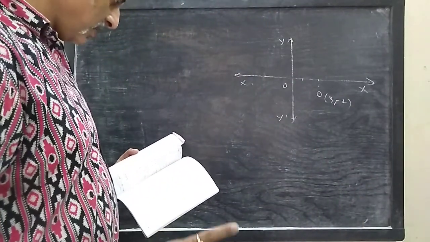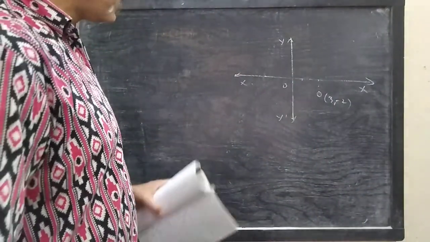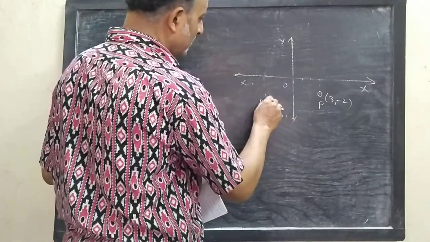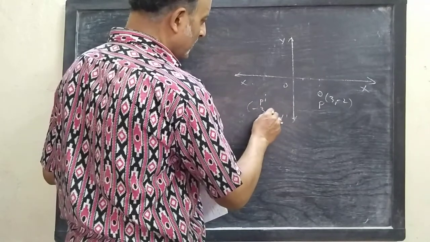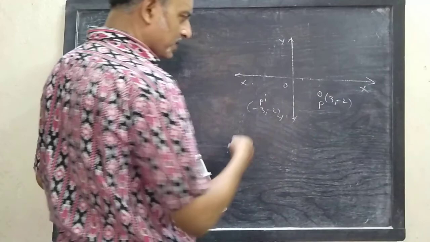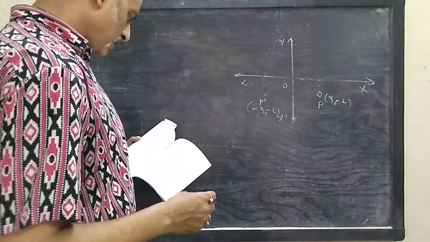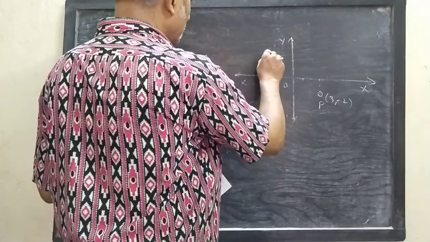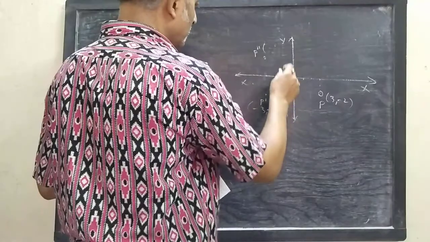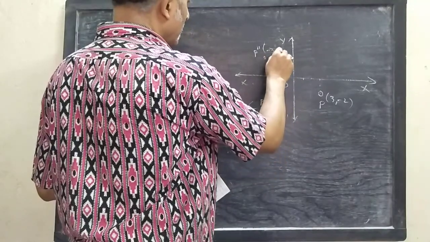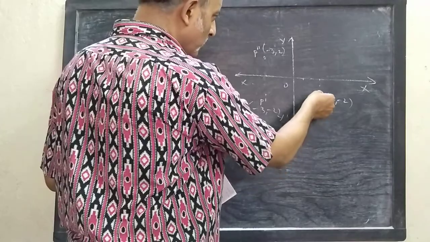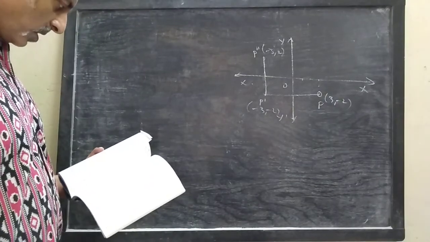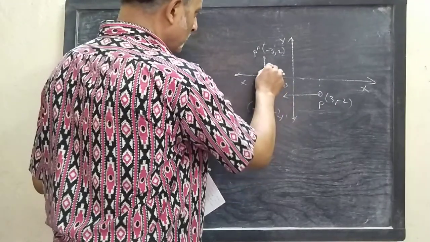At this point, first it will be reflected in the y-axis. So you get this point. If this point is P, let this point be P dash. This will be (minus 3, minus 2). Ordinate remains fixed, abscissa changes its sign. Then P dash will be reflected in the x-axis. So you get the point here, P double dash, its coordinate will be (minus 3, 2). First P goes to P dash, then P dash goes to P double dash.